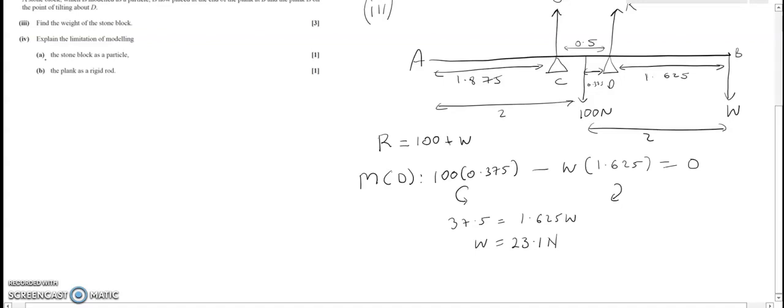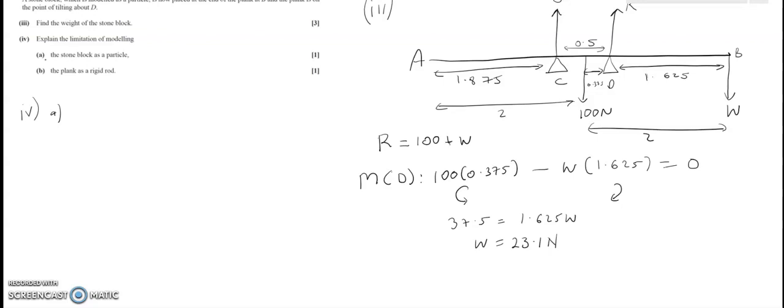Right, final couple of parts. So part IV A. Explain the limitation of modeling the stone block as a particle. Oh, these are kind of definition things that you need to learn.